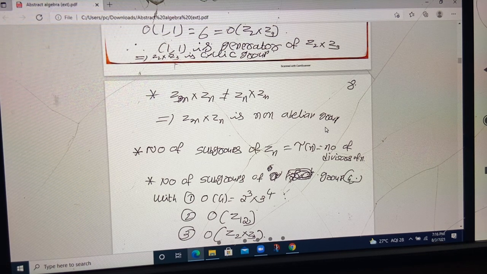But if G1 is cyclic and G2 is cyclic, then G1 cross G2 need not be cyclic. You can note down that point.